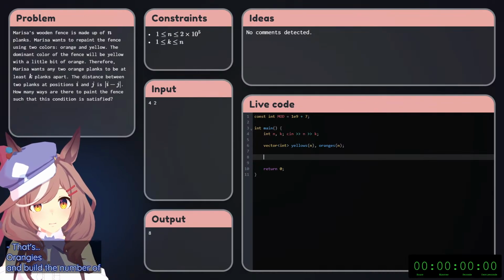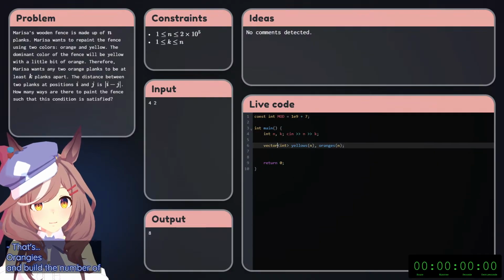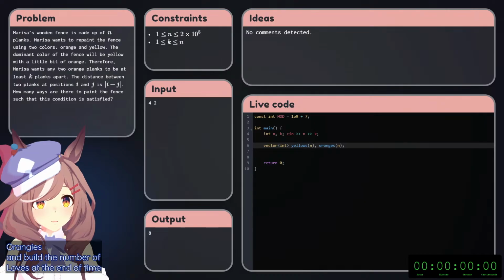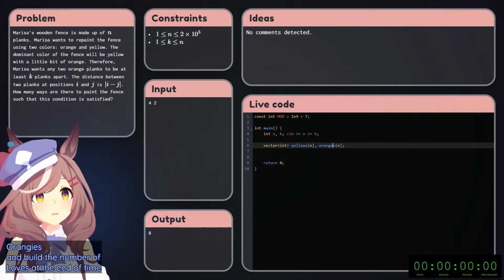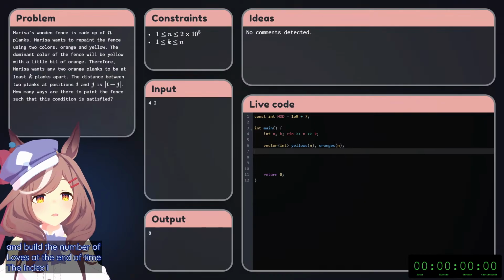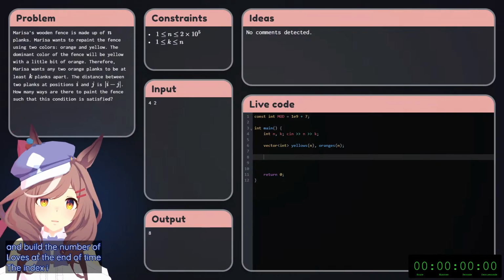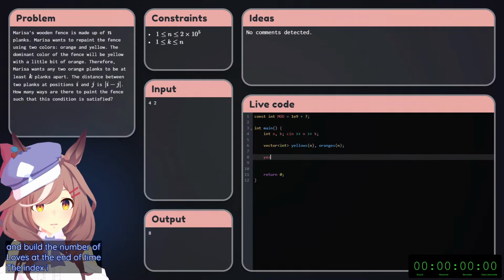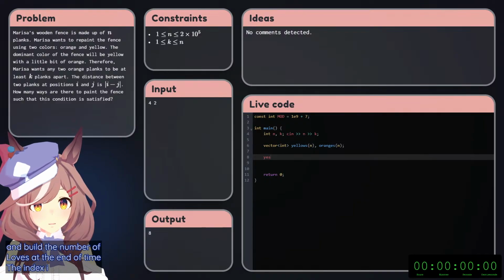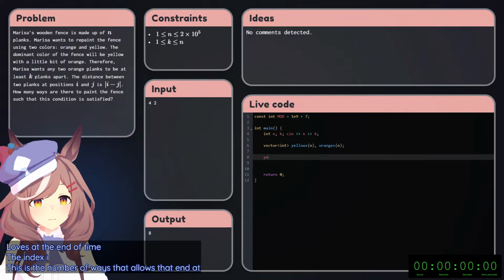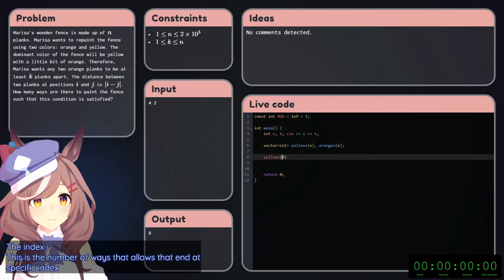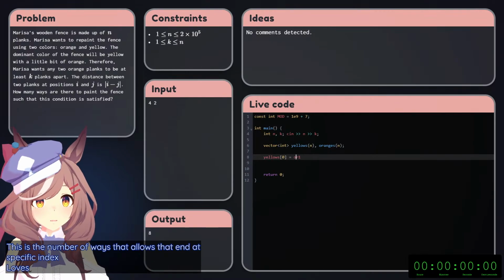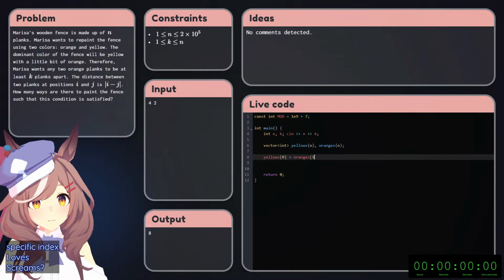How many yellows can end at the index i? This is the number of ways that yellows end at a specific index. Yellows 0 is 1, and orange 0 is also 1.